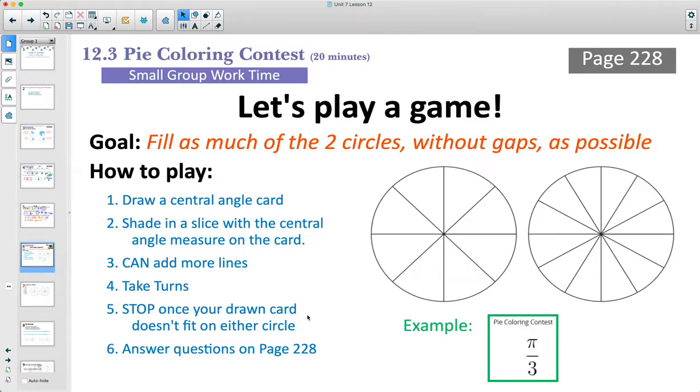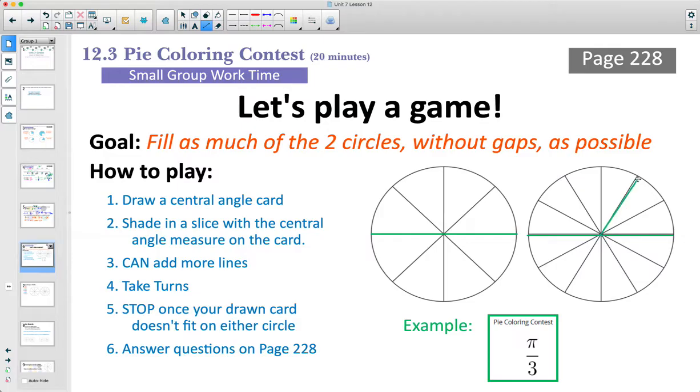So here would be a card that you're going to get, like a pi over 3 angle. Then you need to go and find a pi over 3 angle in either of these circles. I don't see anything that's split. So I remember that the diameter splits the circle into pi radians. I don't see this being split into 3 equal parts directly, but I see that this one is 6 equal parts.